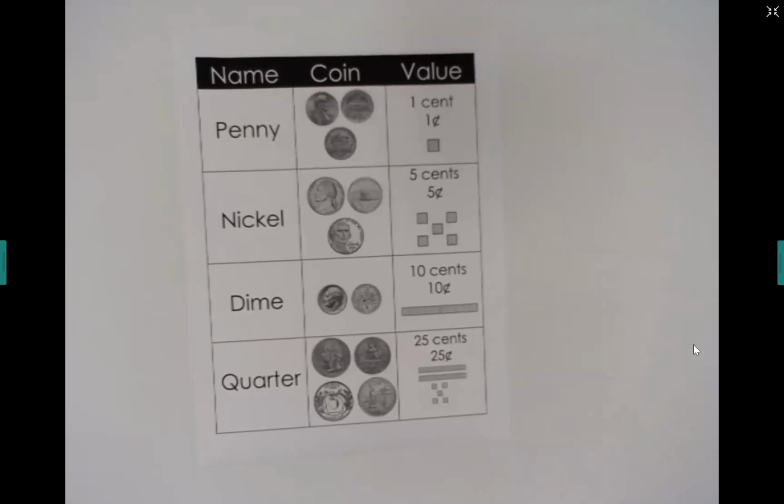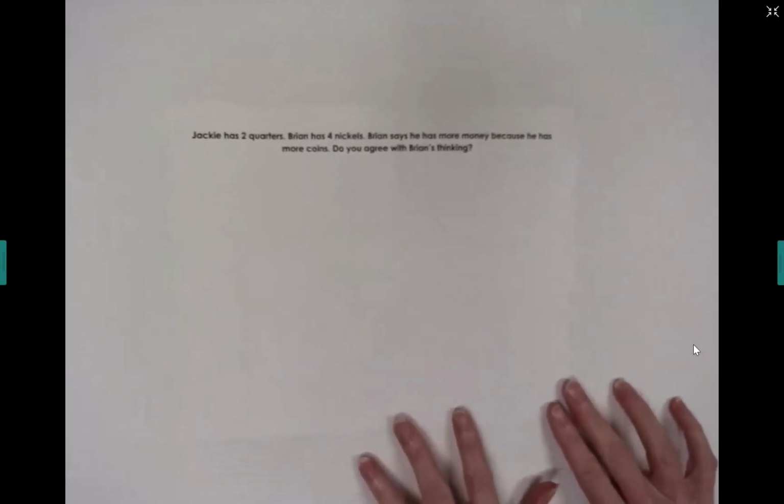So that's really a key piece that is different this year for first grade, besides just introducing the quarter, is also that the sets of coins that students will be finding the value of will be like sets of coins. So they may have a set of pennies that they are going to find the value of and then compare it to a set of dimes.